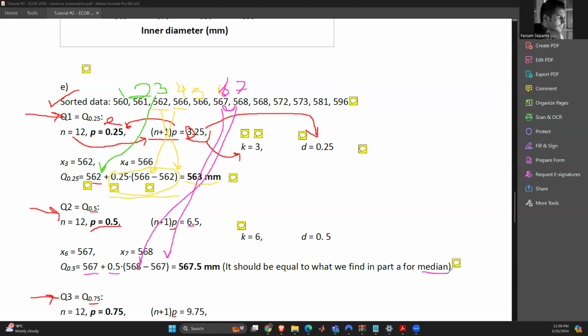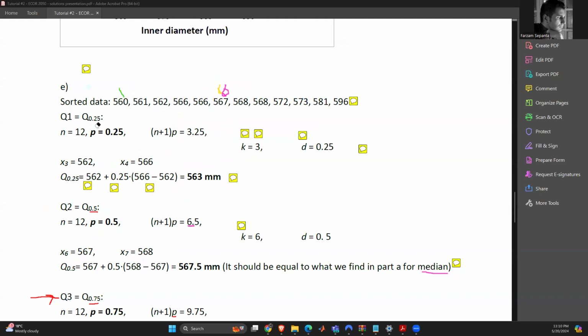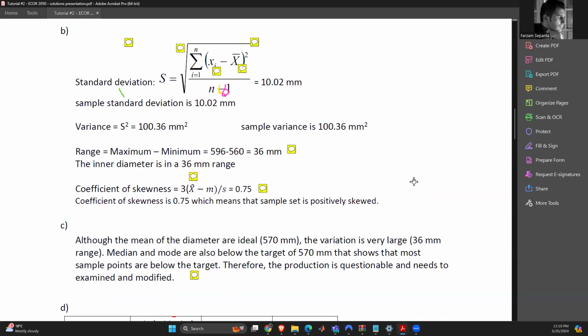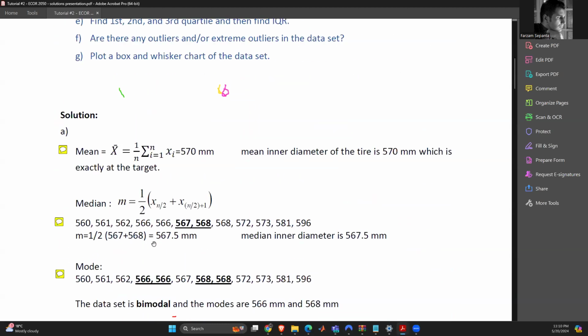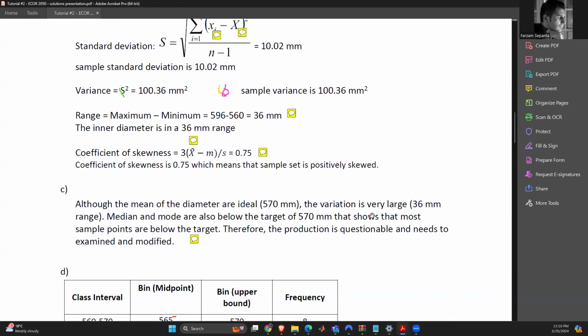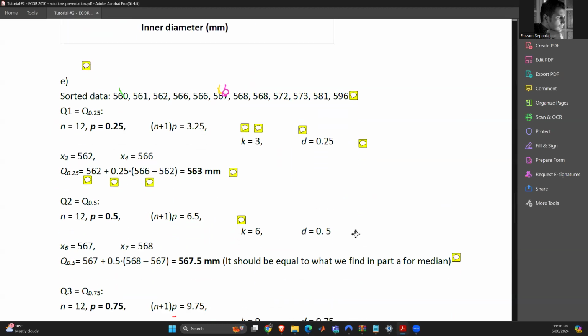Now this is technically the same as the median if you double check things. Let's go back up to our median for a second. That's our median, 567.5. Exact same value here. That's what it means.